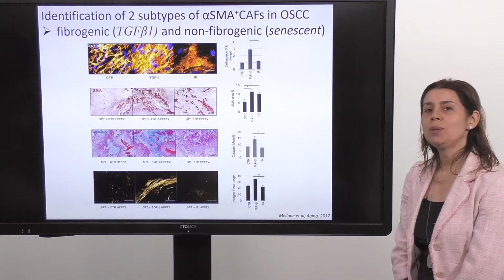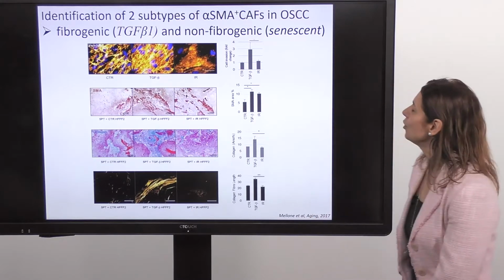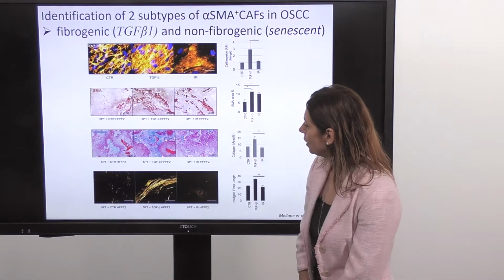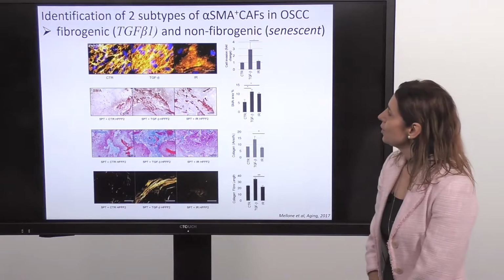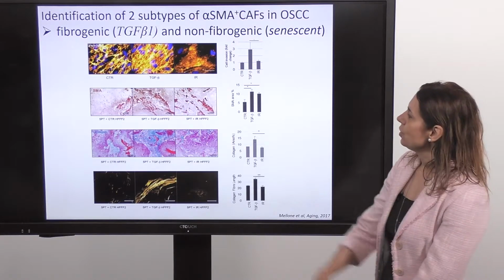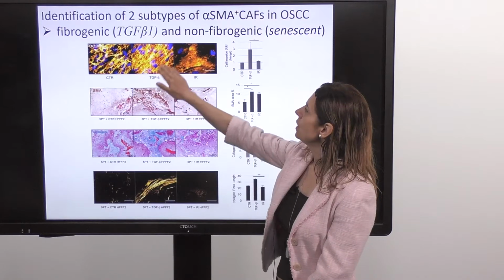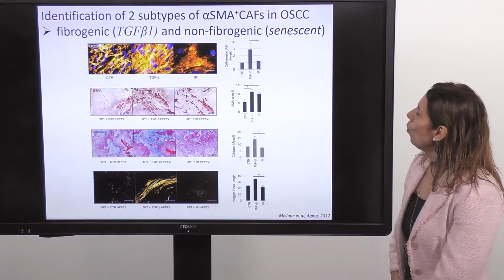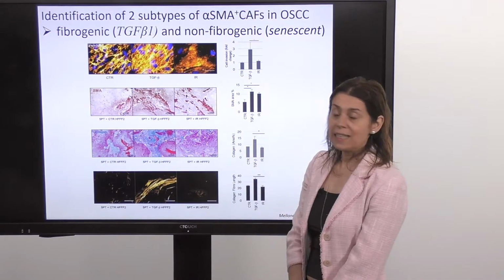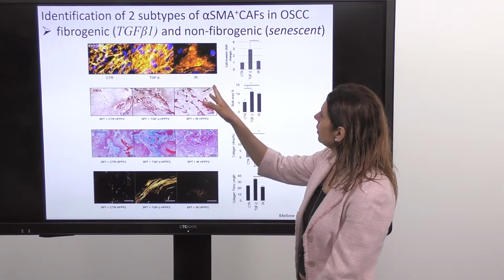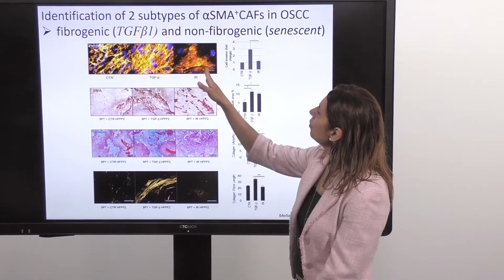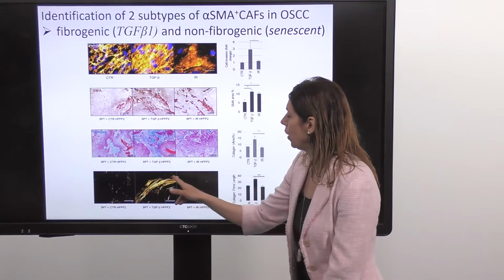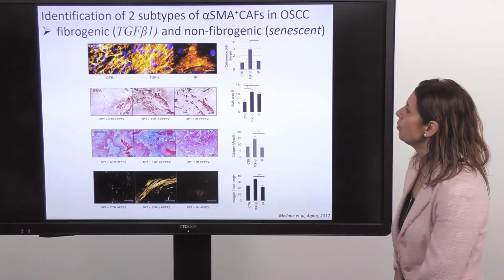Furthermore, they looked at how this would impact oral squamous cell carcinoma invasion. And in both in vivo and in vitro models, they could show that the TGF-beta1 stimulated fibroblasts could synthesize collagen that was also very well organized, while the irradiated fibroblasts, the more senescent fibroblasts, did not express so much alpha-smooth muscle actin, and also had less collagen deposition, and the collagen was not so well organized as with the TGF-beta1 stimulated fibroblasts.